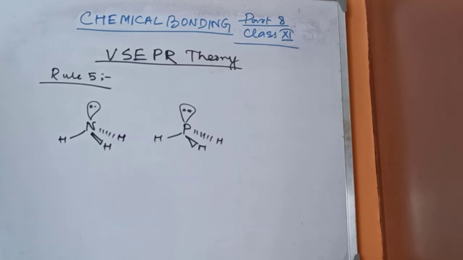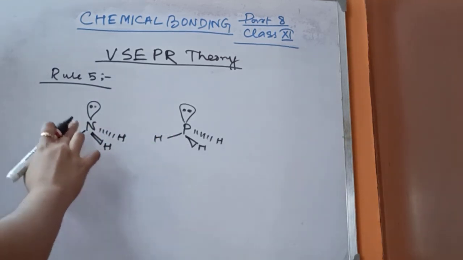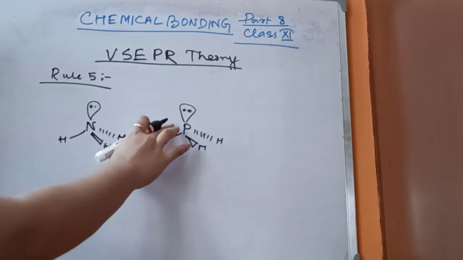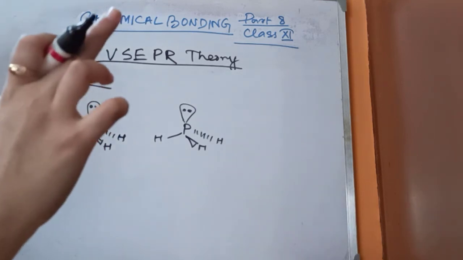The rule states basically that the unpaired electron pair is present on a central atom, and the central atom must have an incomplete valence shell. See, nitrogen does not have an incomplete valence shell: 2s2 2p3. But in case of phosphorus, we have an incomplete 3d orbital.